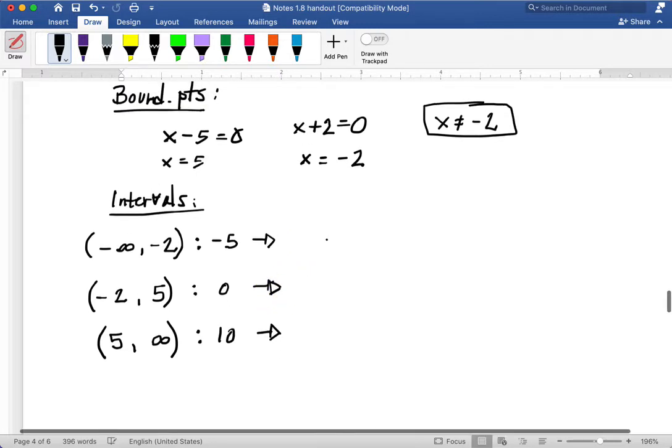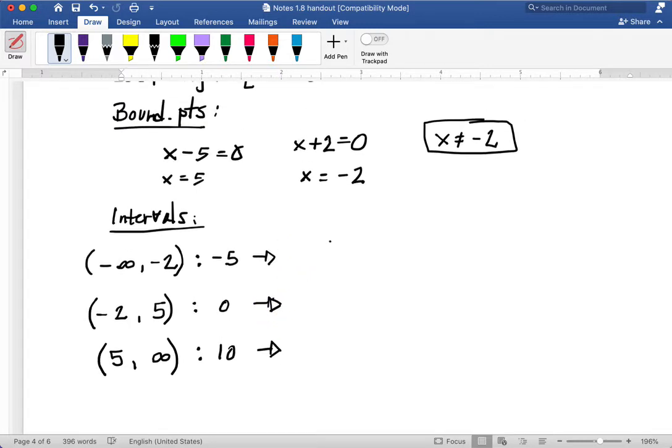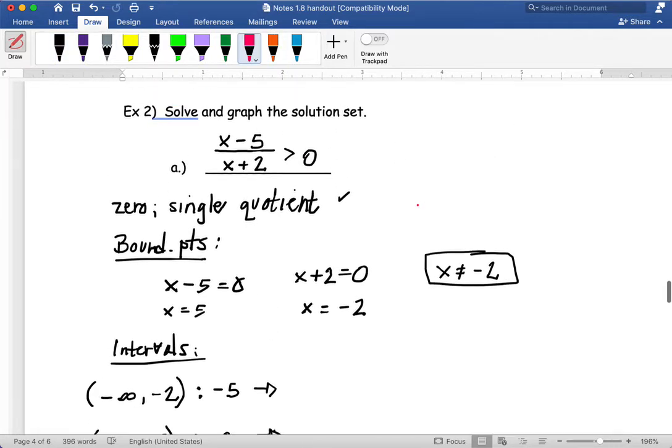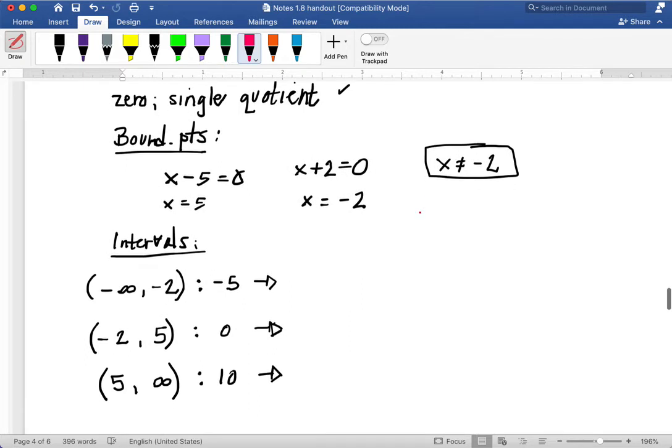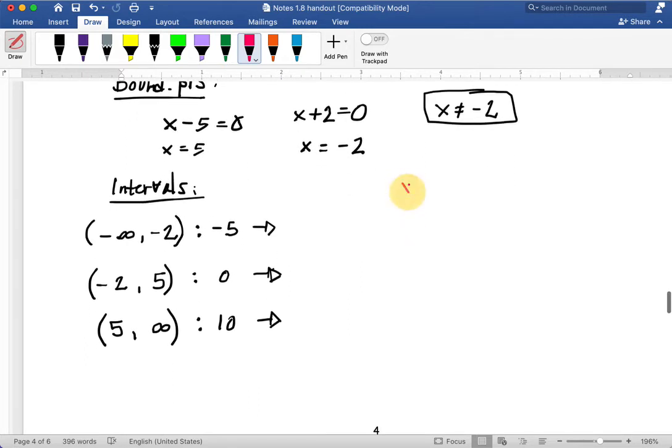I have to go up into my original inequality, so I'm going to copy the original. It's x minus 5 over x plus 2, greater than 0.